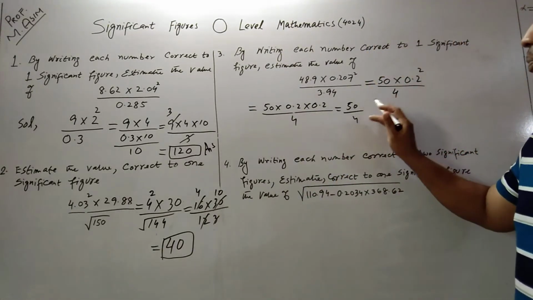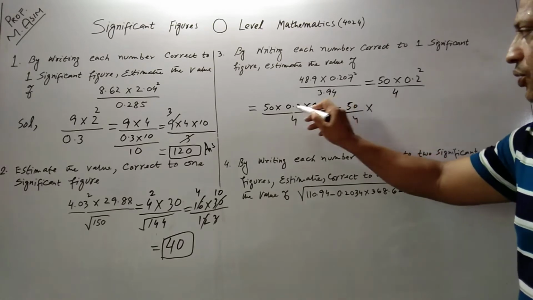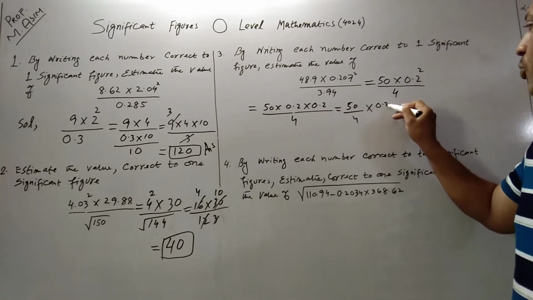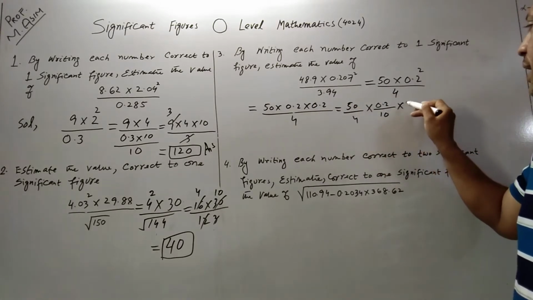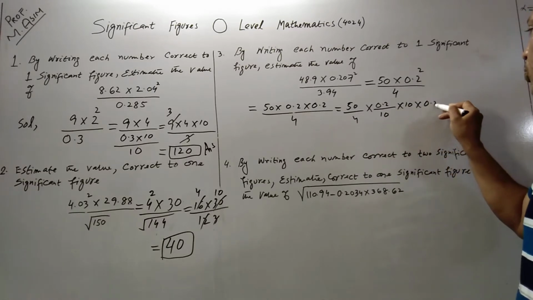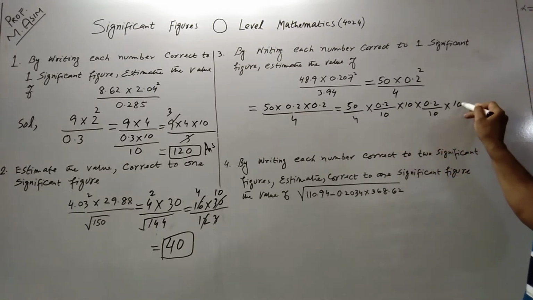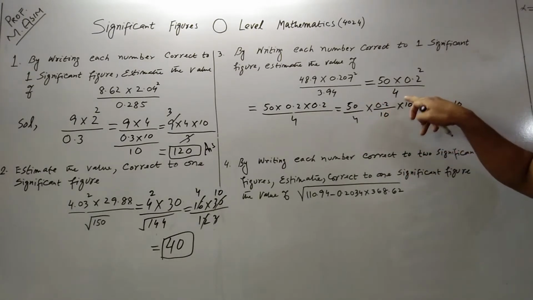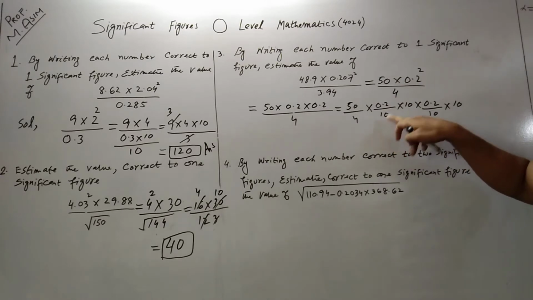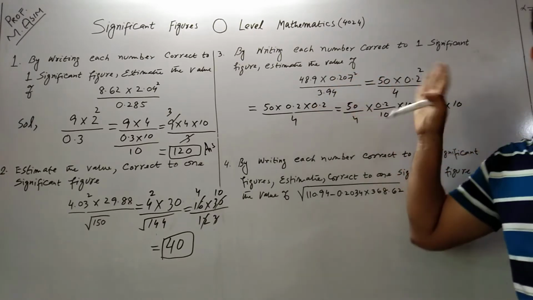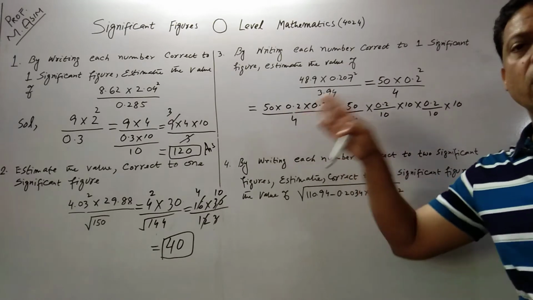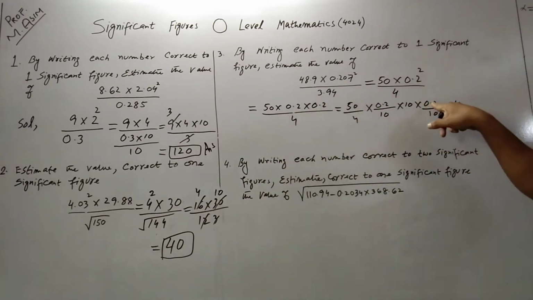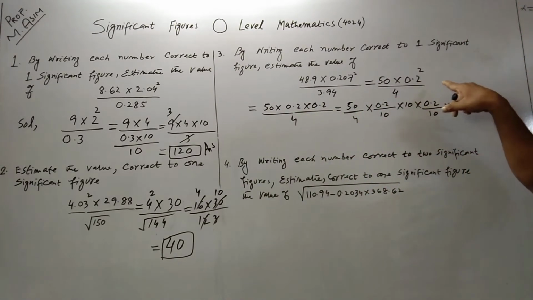So 50 upon 4 into 0.2 upon 10 into 10, and again 0.2 upon 10 into 10. Look carefully. This is 0.2. So we must multiply by 10 and by 10, so that our previous numbers are balanced. This is 0.2, so we must multiply by 10 and divide by 10 as well.